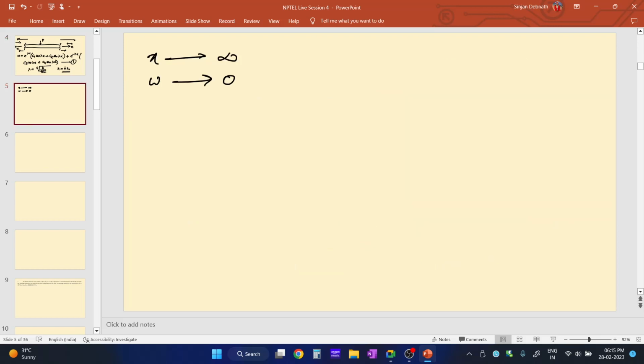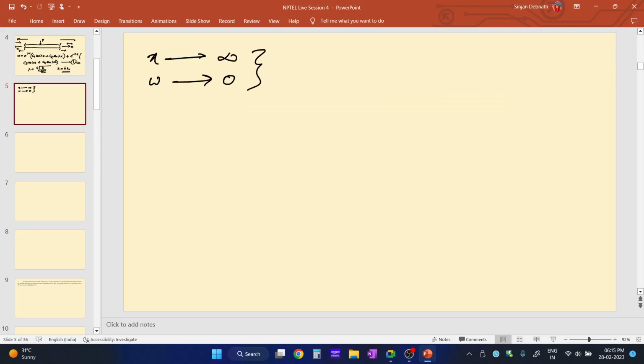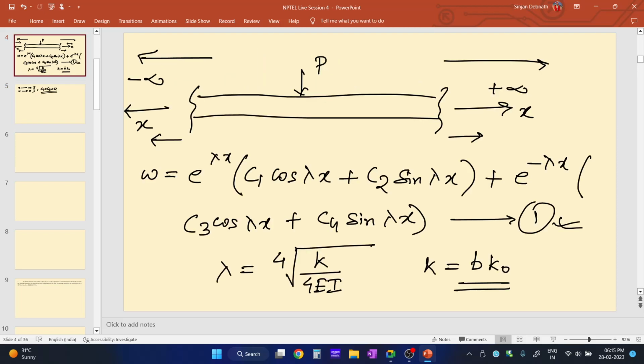So that is why as x tends to infinity, the deflection also tends to 0. If we apply these two boundary conditions in equation 1, we will get C1 equal to C2 equal to 0. Both the constants will be 0. So then W is equal to this part only.